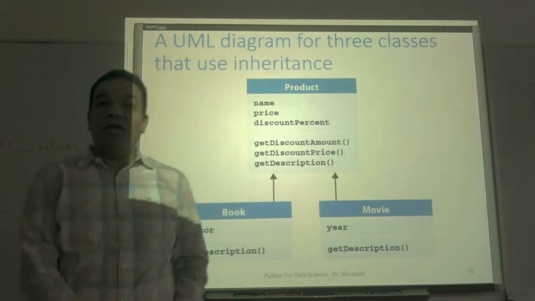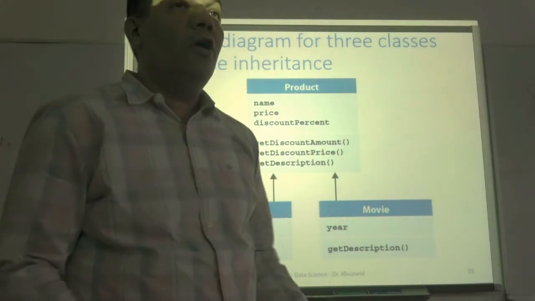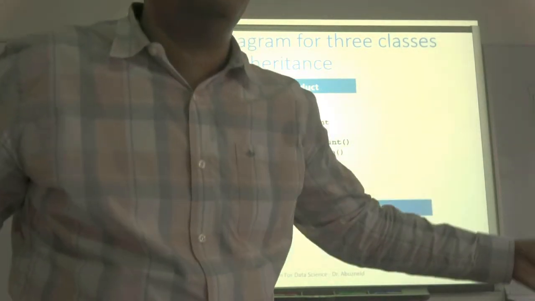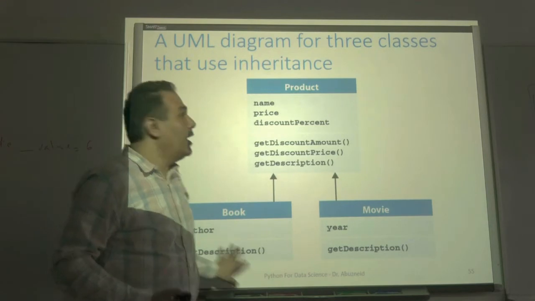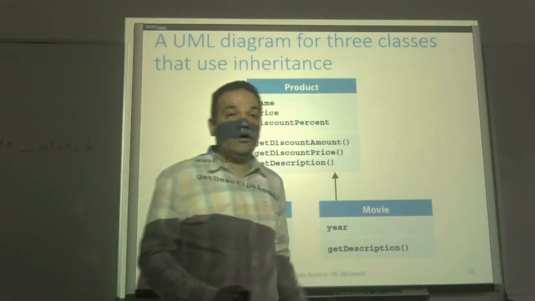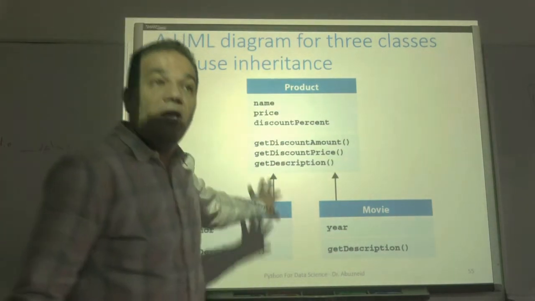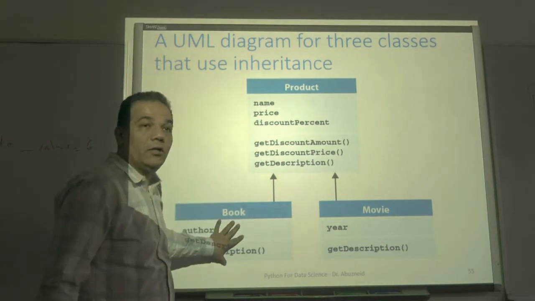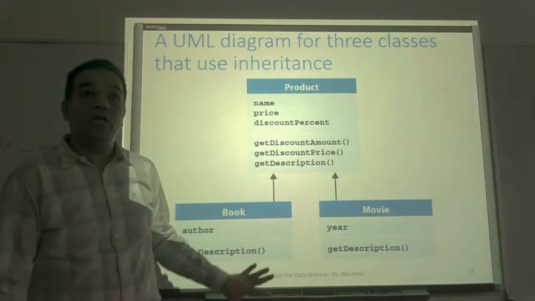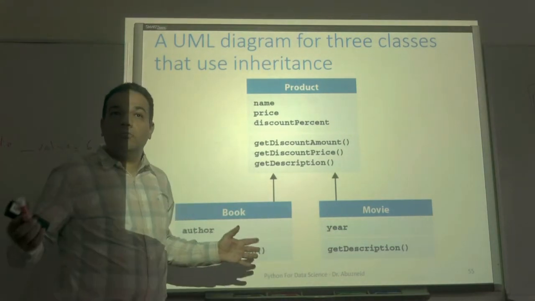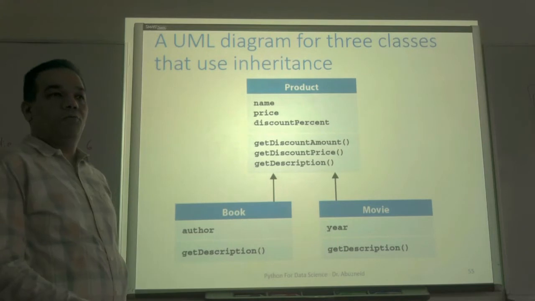Null value because a table does not have an author. But you see how much waste? Because so many products don't have authors, and so many products don't have year. But this will be a nice way. I create a subclass or child of the parent that has the extra attributes and the extra methods I need to use. Very nice, right? That's object-oriented programming.